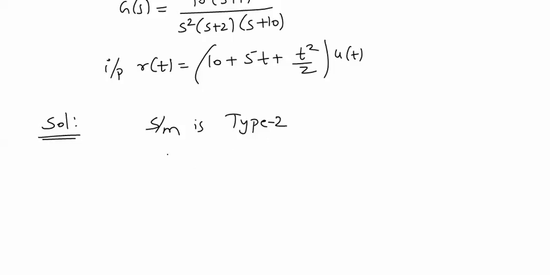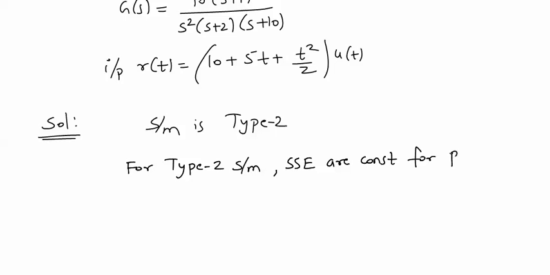So for type 2 system, the steady state errors are constant for parabolic input only. So for parabolic input only, type 2 system will give me constant.